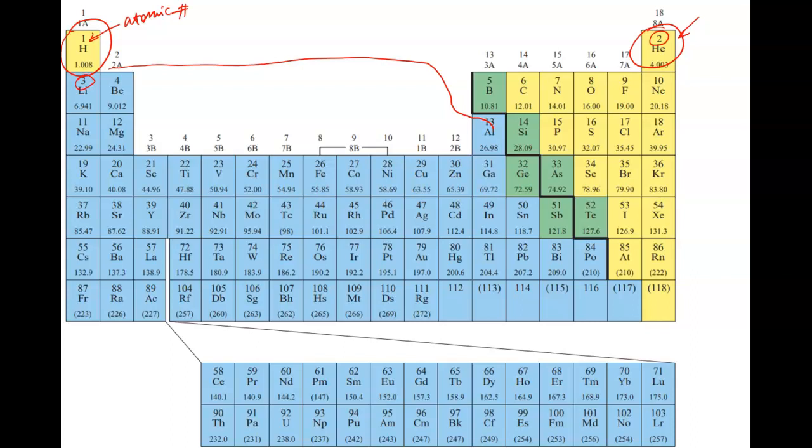You can notice that here there is a kind of staircase, and this staircase separates elements into metals and non-metals. Non-metals are shown in yellow.